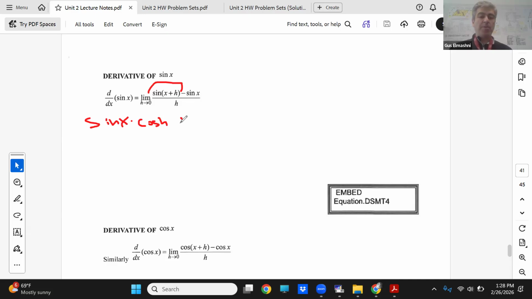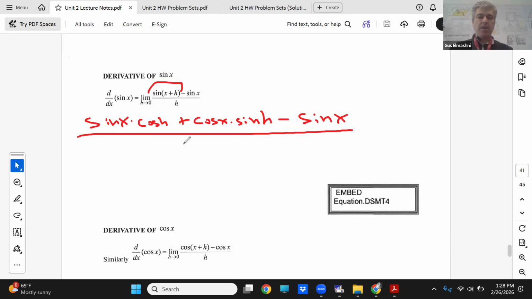Yeah, you use the sum and difference formulas, right? So sine x cosine h plus cosine x times sine h minus sine x, all over h, and this is the limit as h approaches 0.